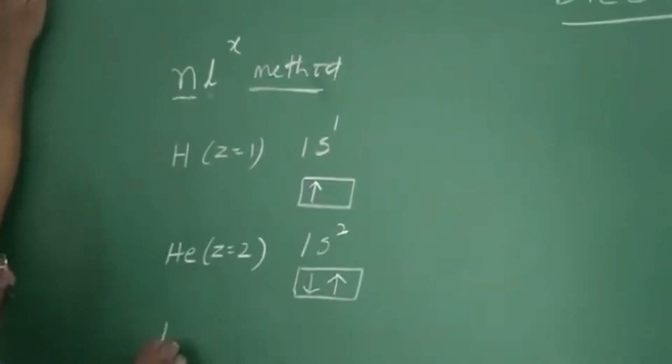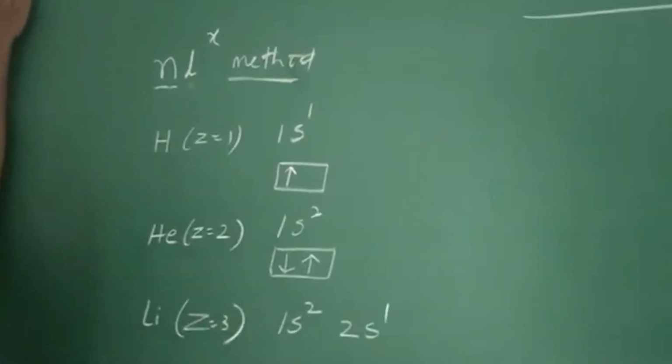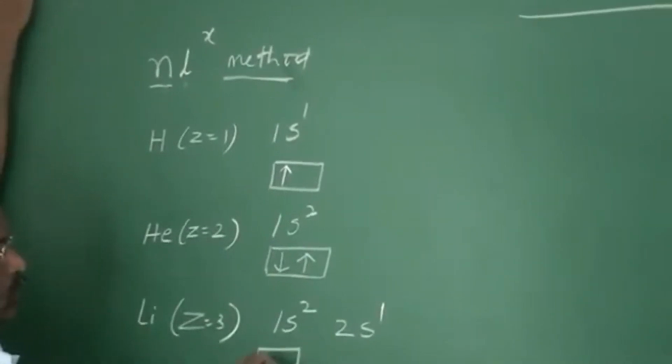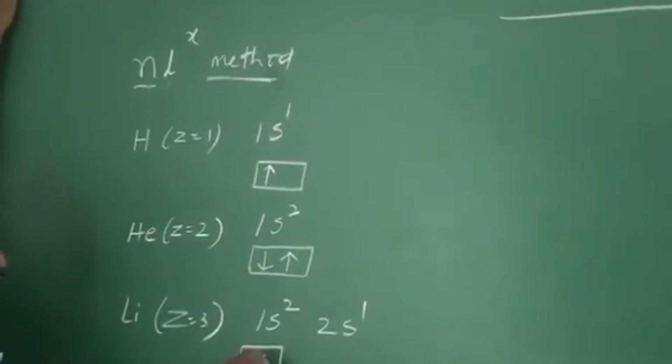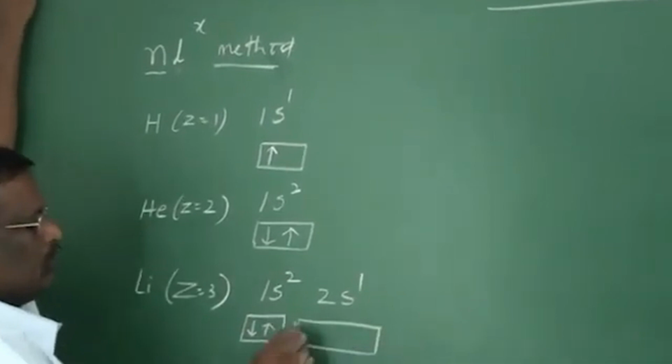Similarly, lithium, atomic number is 3. So its electronic configuration is 1s2, 2s1. And it can be represented like this. 1s2, 2 electrons are there. 2s1, 1 electron like this.